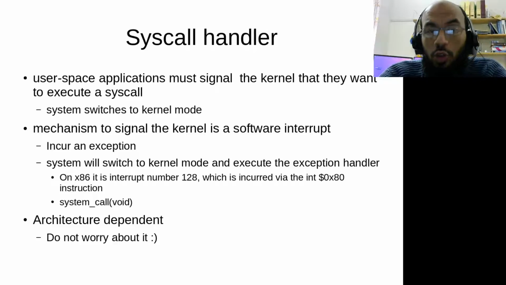I'm not going to go into this little detail, but there are places where you need to implement this in assembly to get the correct system call number. And then you have a function called system call void that doesn't take anything as a parameter. You do not need to worry about it, but this is how the mechanism works.